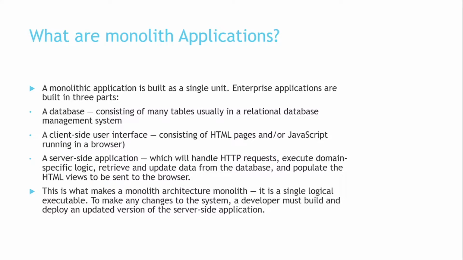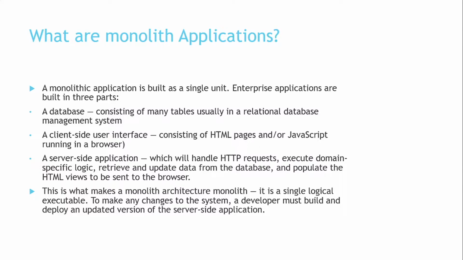A normal monolithical application has a three-part system. One is a database consisting of many tables, usually in a relational database management system, or it can be a non-relational database like MongoDB as well. Then a client-side user interface where the user can interact with the UI units, for example buttons, images, and other things.